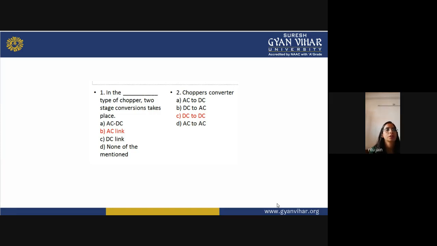The first question is, in which type of chopper does two-stage conversion take place? If you are using an AC link, then you need two-stage conversion. First, you have to convert DC to DC, and for the AC link, you then have to convert this DC to AC. Next, choppers convert: a chopper always converts DC to DC, fixed DC to variable DC.